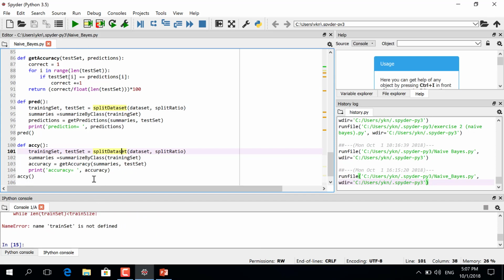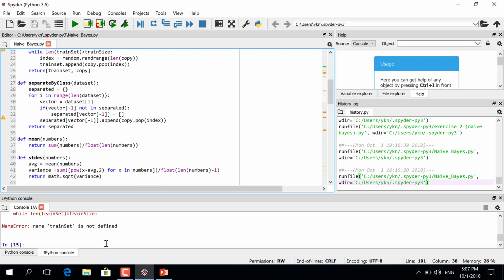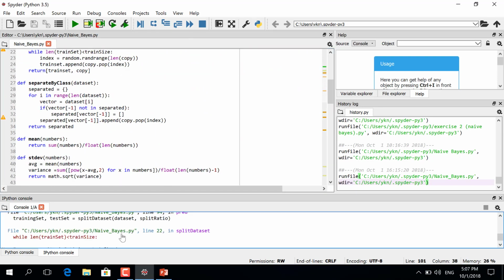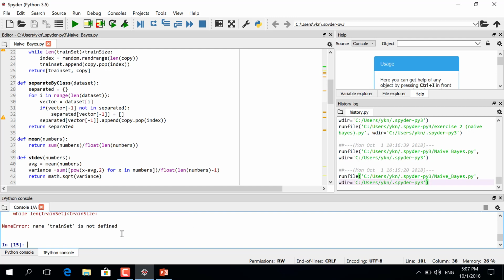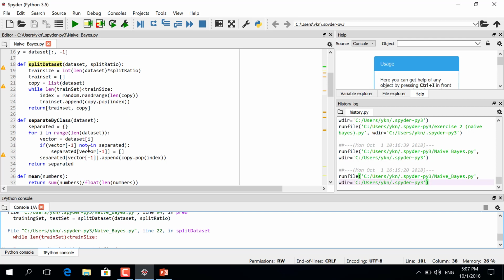Train set, line 22, train set less than. So be careful with capital and non-capital letters.